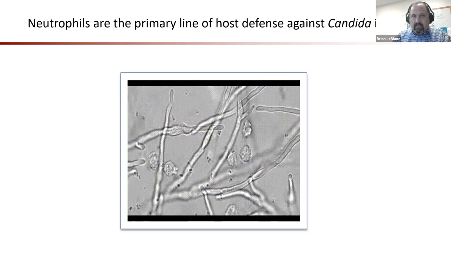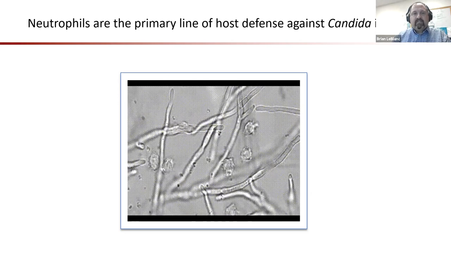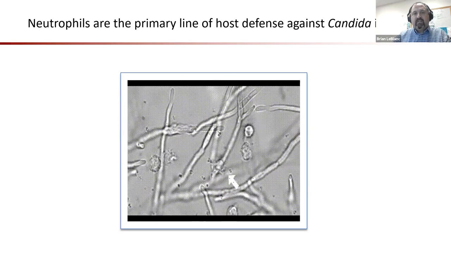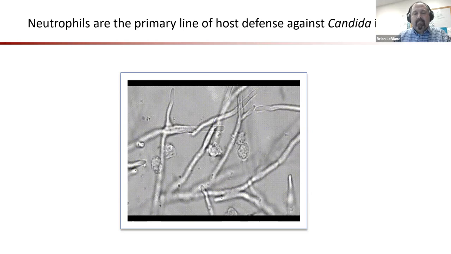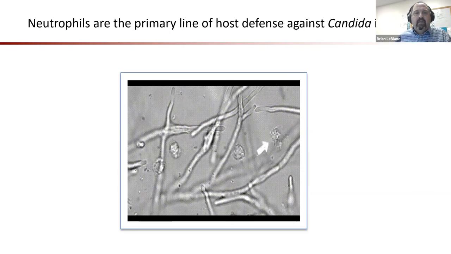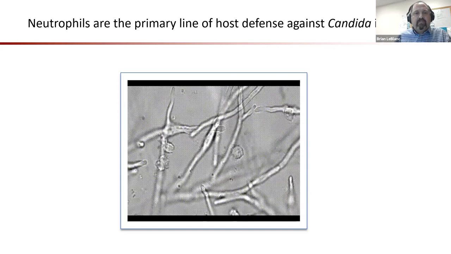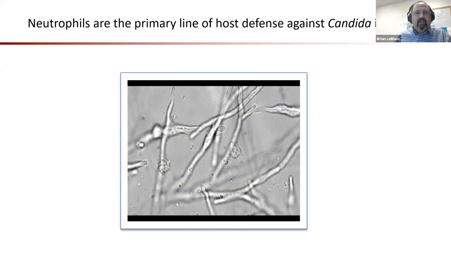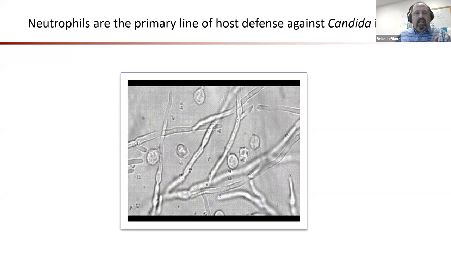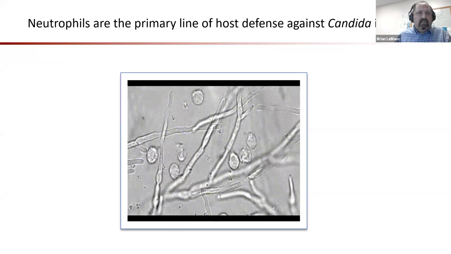Now, Candida uses a transition to hyphae as a way to prevent itself from being cleared from the body. The neutrophil is much smaller than the hyphae. It cannot phagocytose a hypha, it's too large.